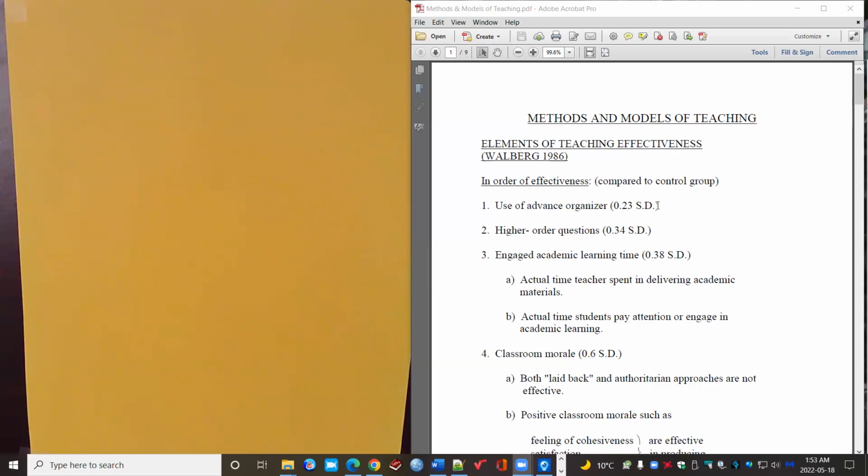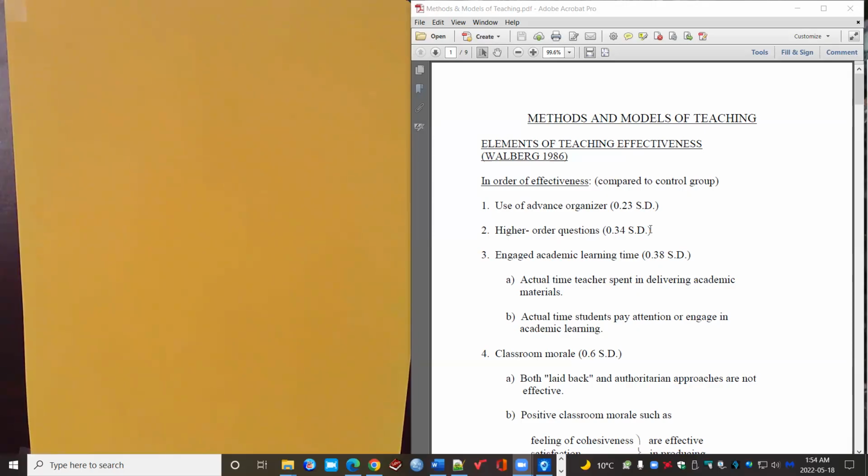All right. So sometimes you give a brief summary, or you give an introduction, and then you give a brief summary of what you are going to talk about. So that's the use of advanced organizer.